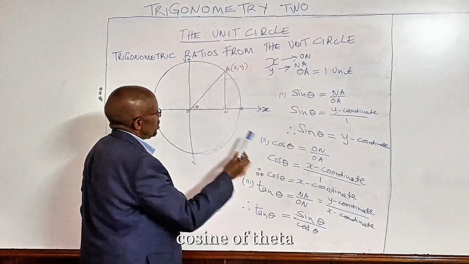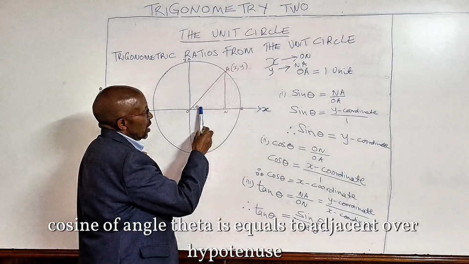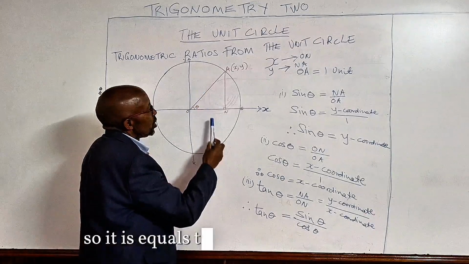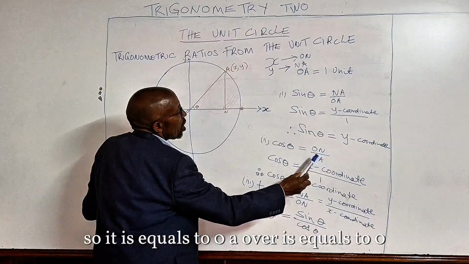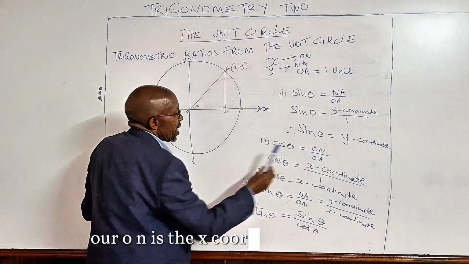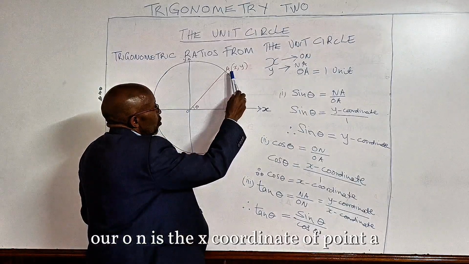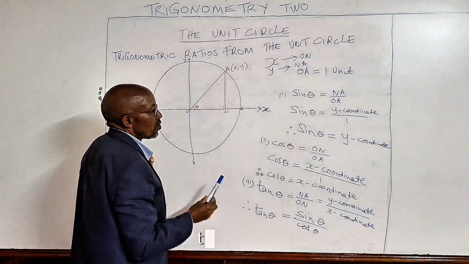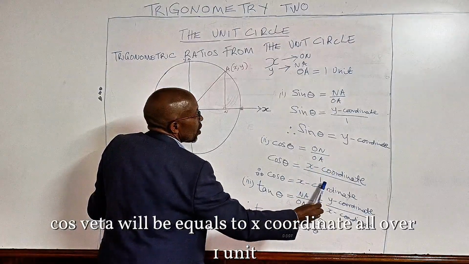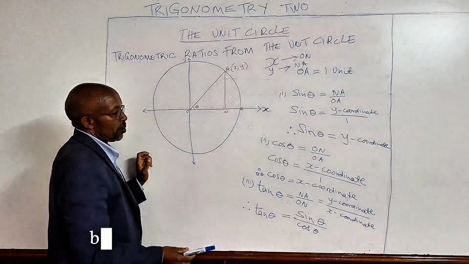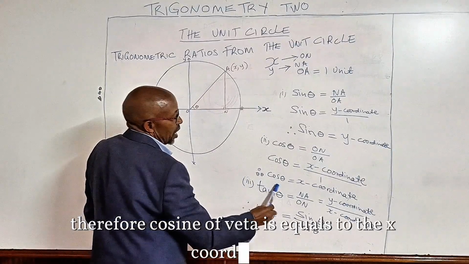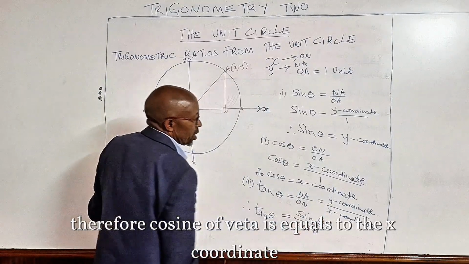Cosine of angle theta is equal to adjacent over hypotenuse. So it is equal to ON over OA. Our ON is the x-coordinate of point A. Therefore, cos theta will be equal to x-coordinate all over 1 unit, because OA is the radius of the circle. Therefore, cosine of theta is equal to the x-coordinate.